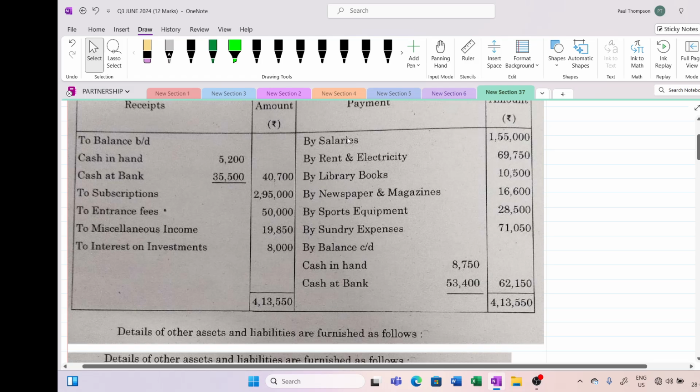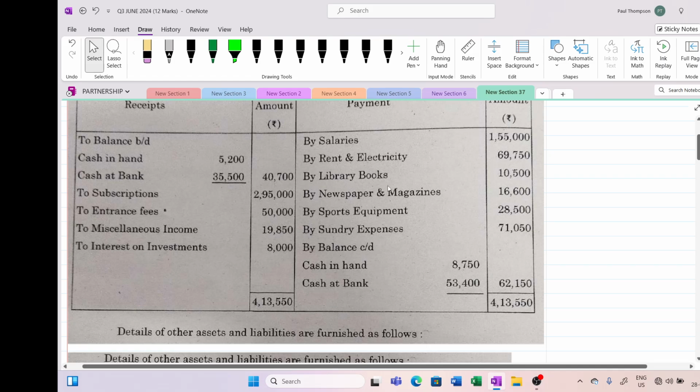Now salary, there are adjustments, so you post it in the inner column, debit side of your income and expenditure. On the expenditure side, rent and electricity adjustments are there, so keep it in the inner column. Library books, this is current year purchase. Capital expenditure, this will go to your current balance sheet asset side.